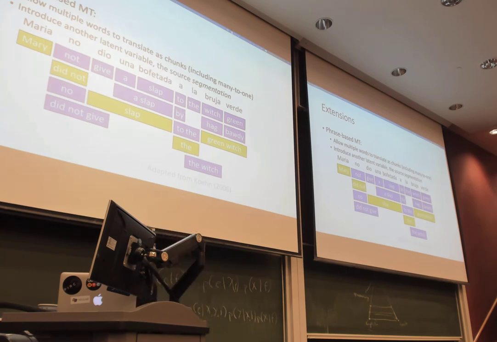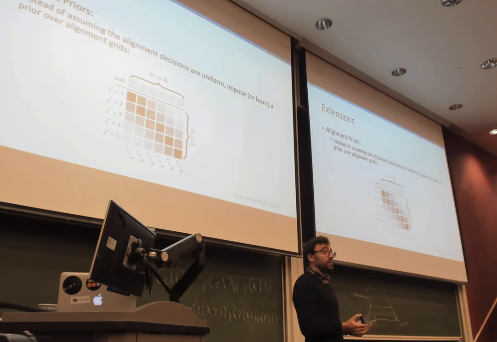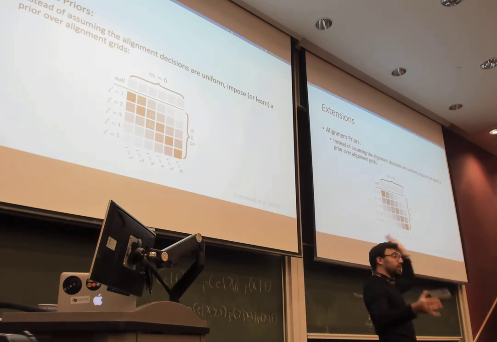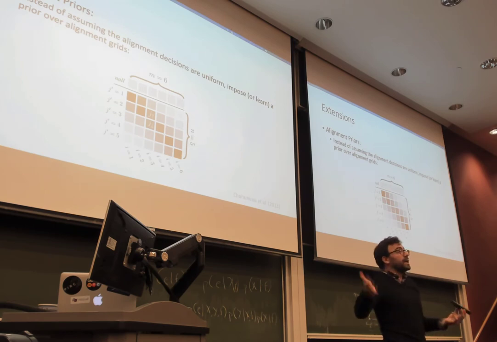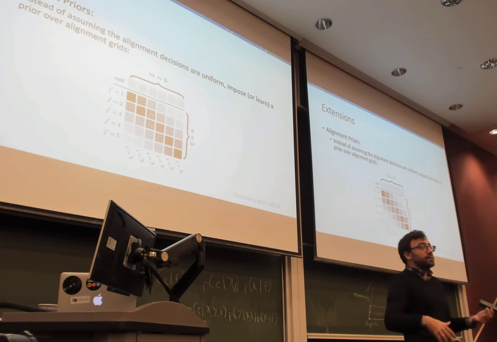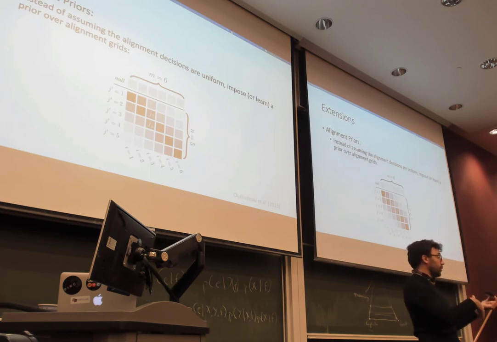There are also other extensions that you can do to the alignment part. I don't know if you noticed in many of the examples that we've seen, but the uniform alignment probabilities that we started with in IBM 1 are not really a good prior, right? In many languages, the general word order might be SVO or SOV, like subject, verb, object, or subject, object, verb.